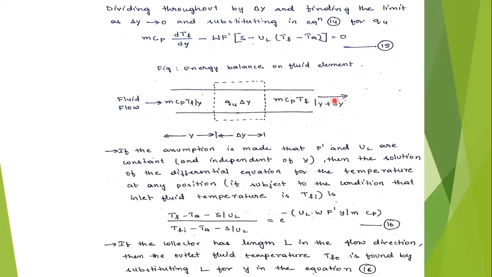Fluid flows for a length Y and the cross section is delta Y. What are the assumptions we are making?